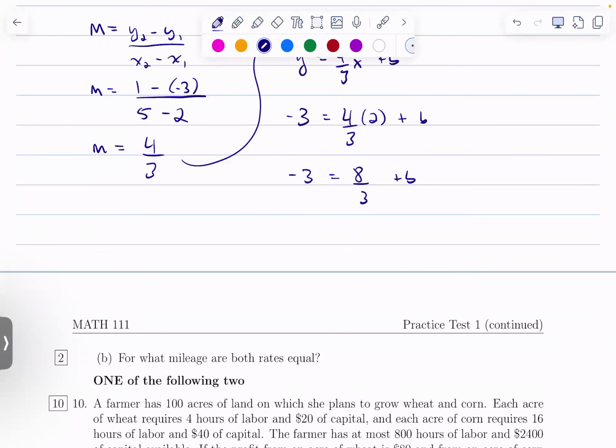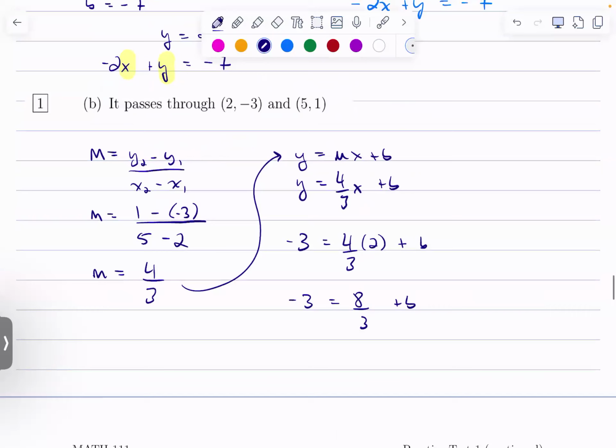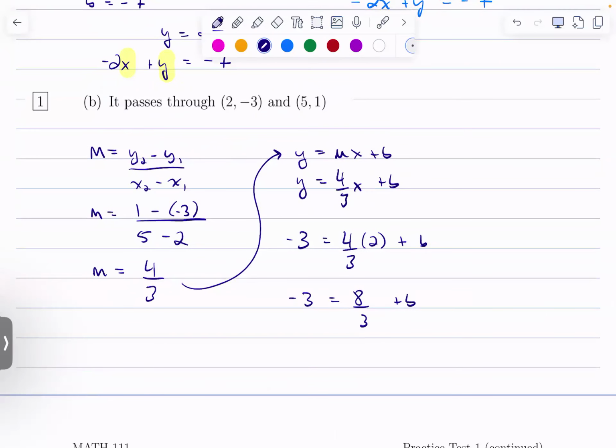B would be -3 minus 8/3. Is 8/3 anything nice? No. Nothing nice at all. Did I do something weird? 1 minus -3, 5 minus 2.